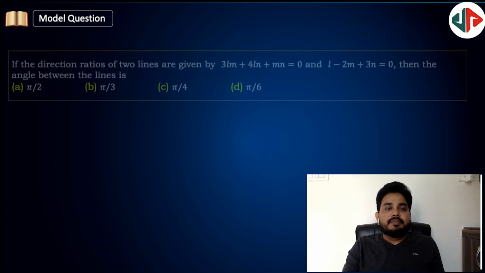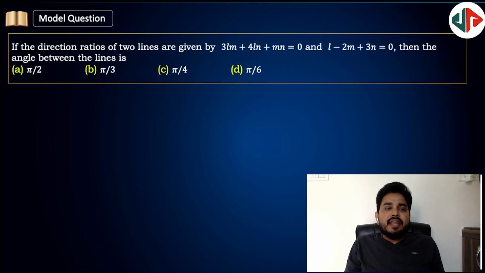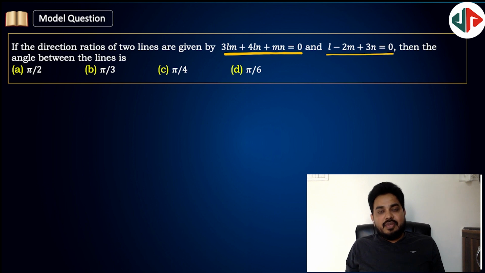Next question. If the direction ratios of two lines are given by this and this, then the angle between these two lines, 3 lm plus 4 lm, this one and this.